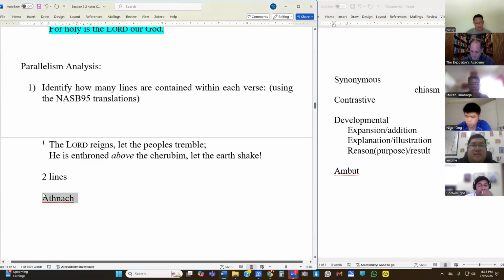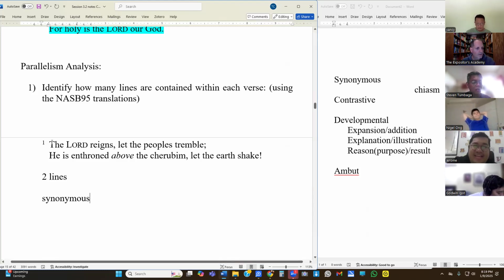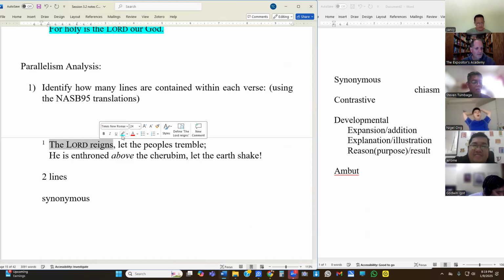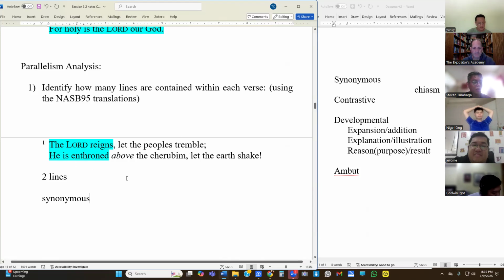So what do you think as far as the type of parallelism here? Yeah, the synonymous. The Lord reigns, he is enthroned. That's the same idea, right?